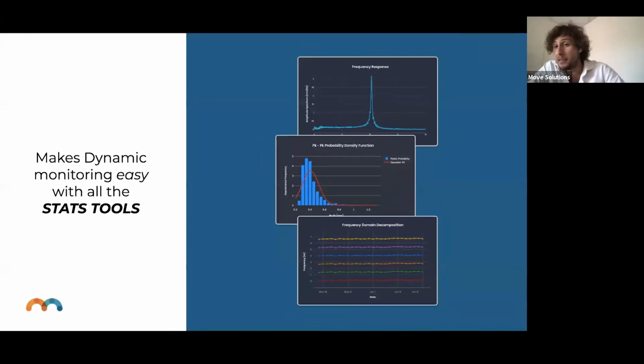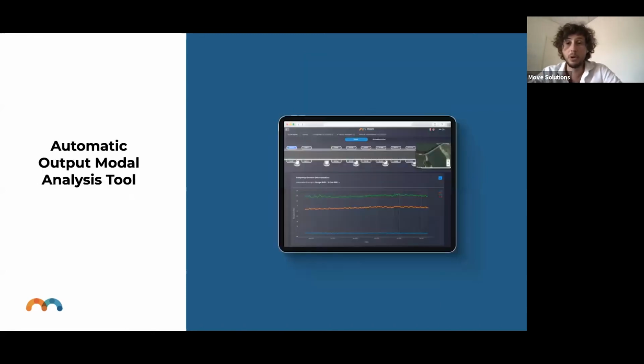Then we have the FDD, which is a modal analysis algorithm to extrapolate frequency, damping, and mode shape. Then we have probability density function algorithms as well, and anomaly amplitude detection algorithms. So there are different kinds of algorithms. I'm going to show you right now what you could do.